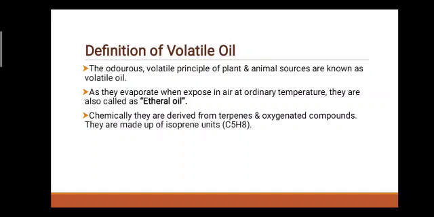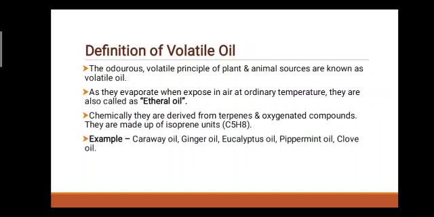Chemically, they are derived from terpenes and oxygenated compounds. They are made up of isoprene units, that is C5H8. Example: caraway oil, ginger oil, eucalyptus oil, peppermint oil, clove oil.